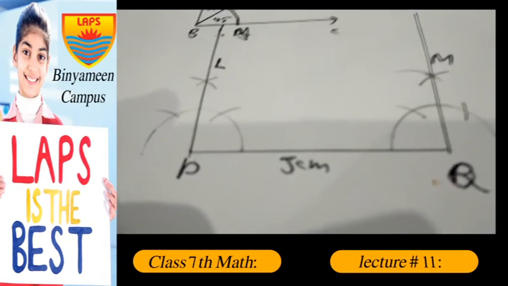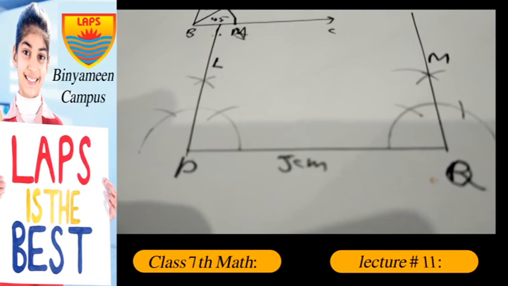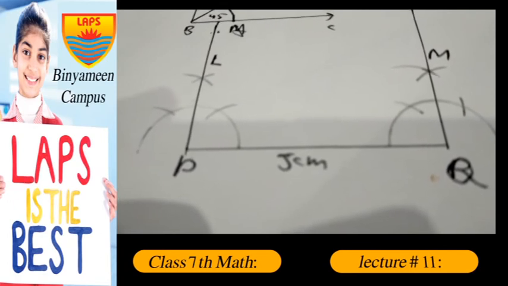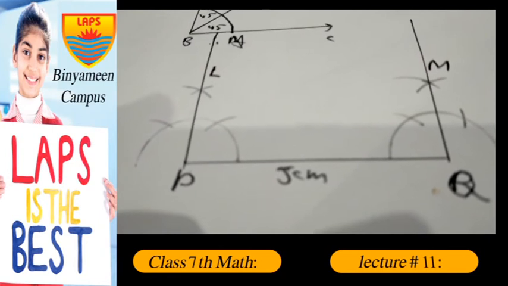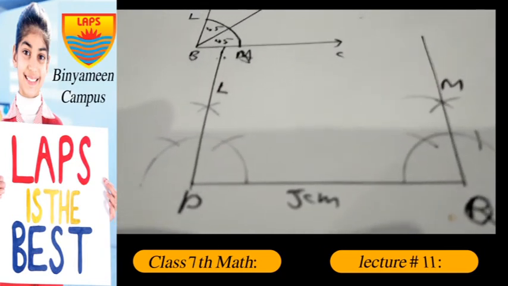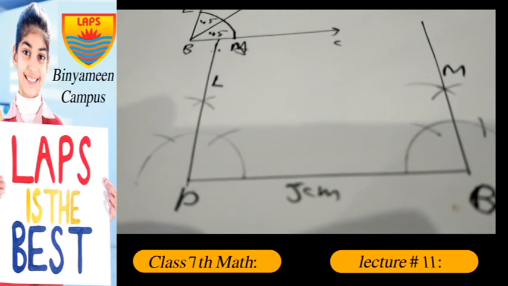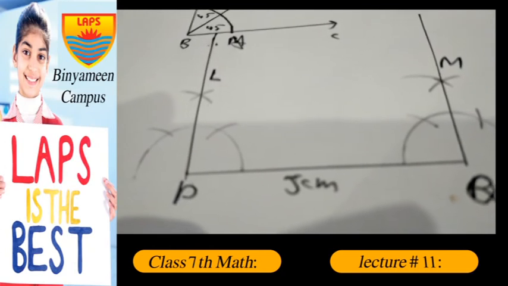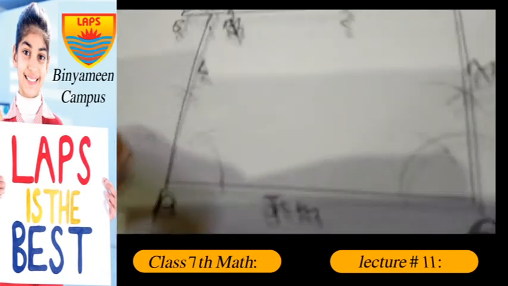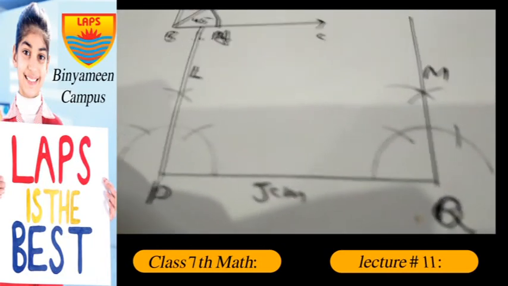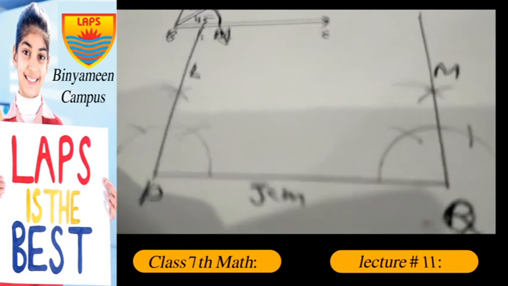Then step 2: at both ends P and Q of line segment PQ, draw a line perpendicular to PQ, and we find lines LP and MP are parallel to each other. Okay, both are parallel to each other.